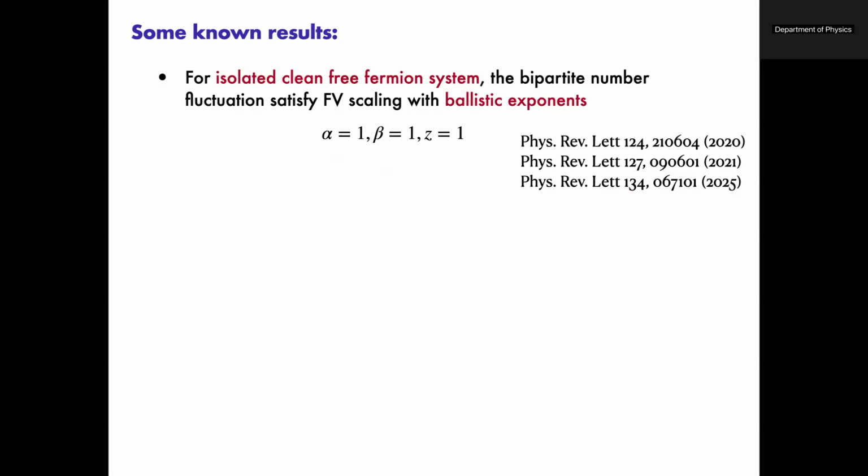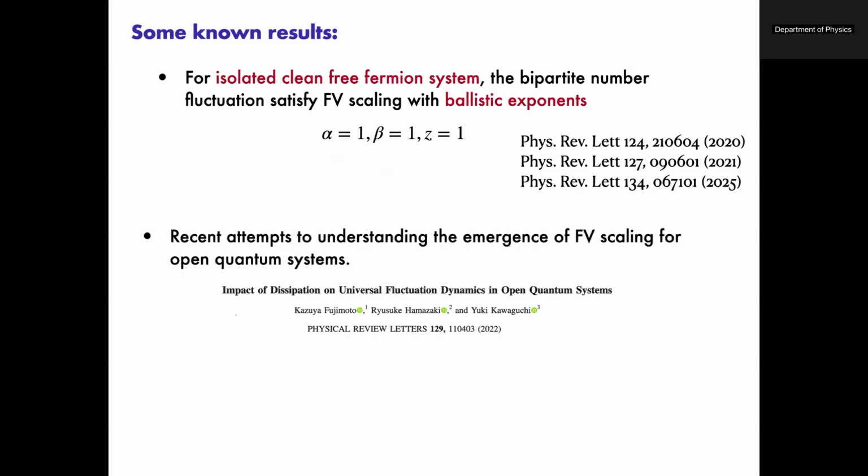There are a lot of nice works in this direction, and it was then extended to many systems like Bose-Hubbard and various interacting systems, which show different exponents. So there was a lot of nice work for isolated systems, showing that this kind of scaling emerges for number fluctuation. And then very recently there have been attempts to understand whether you see a similar emergence of this scaling for open systems.